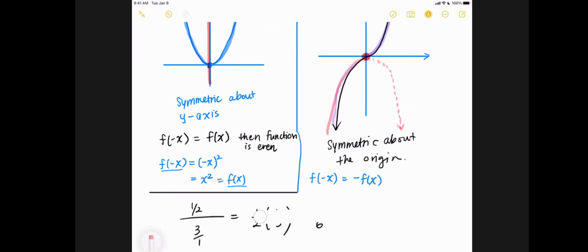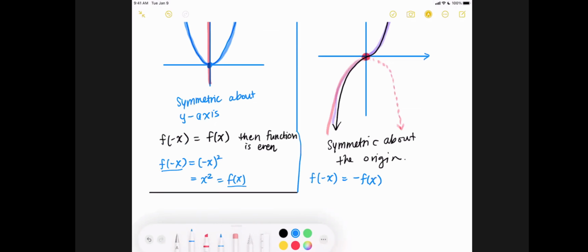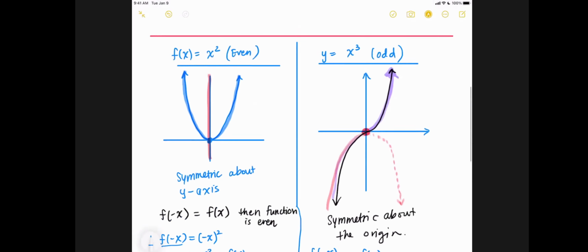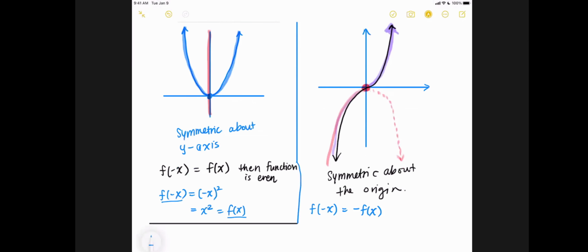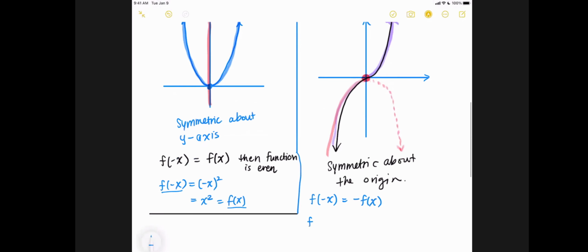And so if we test this on the x cubed function, let's say we label this function f of x is x cubed. Then since x cubed is odd, this property should hold. So we would say f of negative x on our x cubed function.